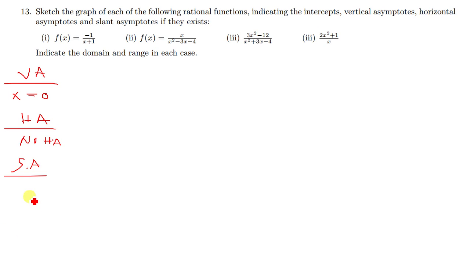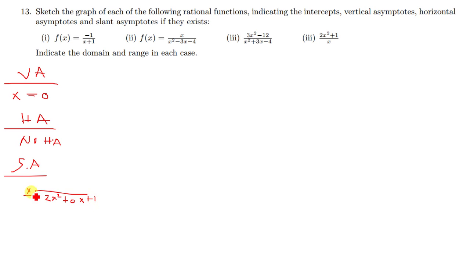So we try to find the quotient now. We use long division. You have x there, then inside you have 2x squared, plus 0x, plus 1.